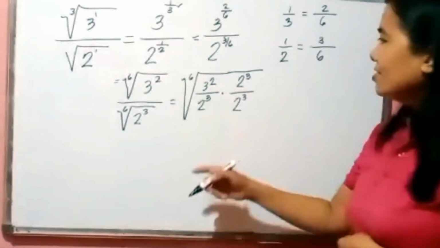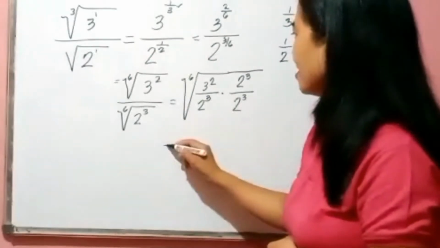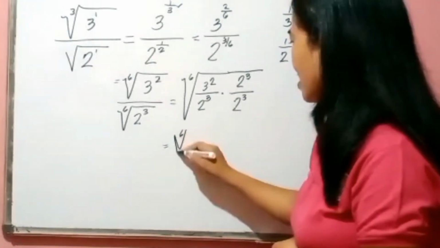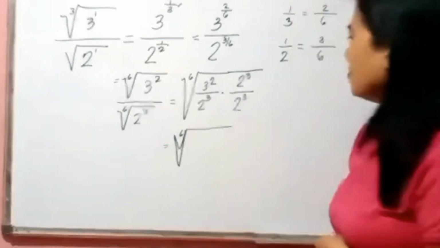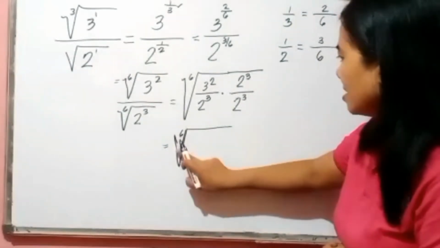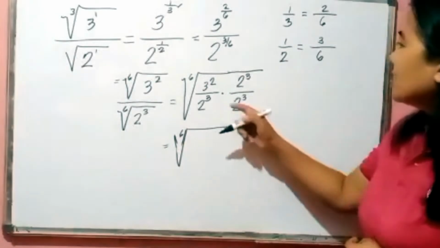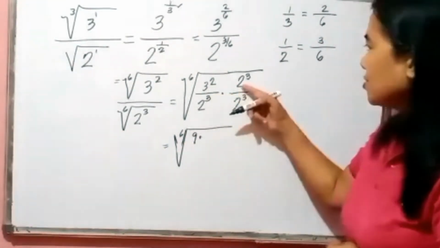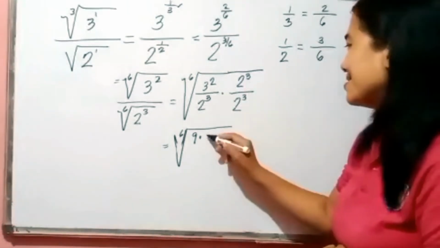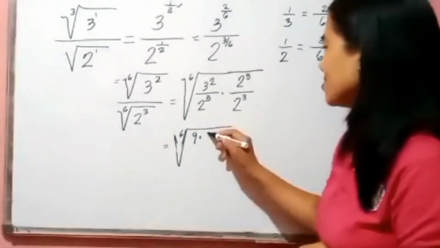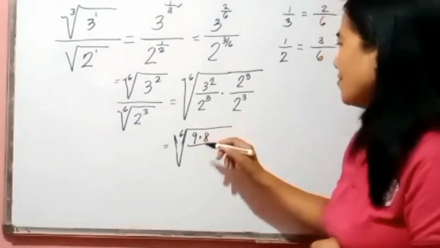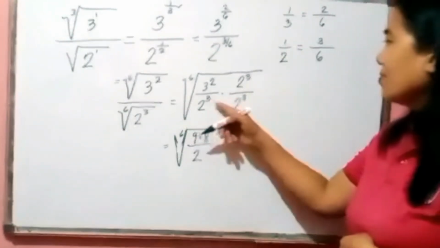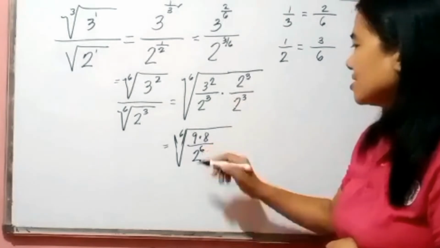Okay? So, ngayon, evaluate tayo, no? So, raise mo na lang. Okay, yan. So, 3 squared is 9. Tapos, 2 cube, 8. 2 cube, diba? 2 times 2 times 2. So, that's 8. Over, dito, i-add mo lang sila sa denominator. 3 plus 3, meron kang 6.